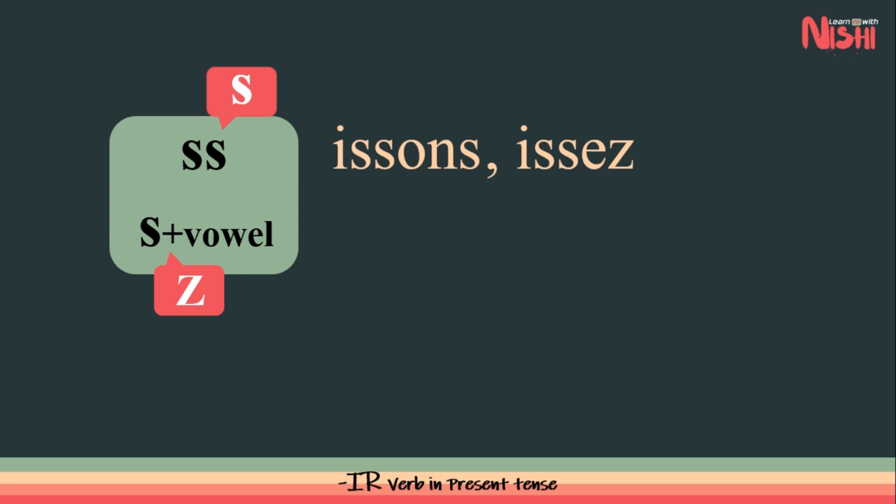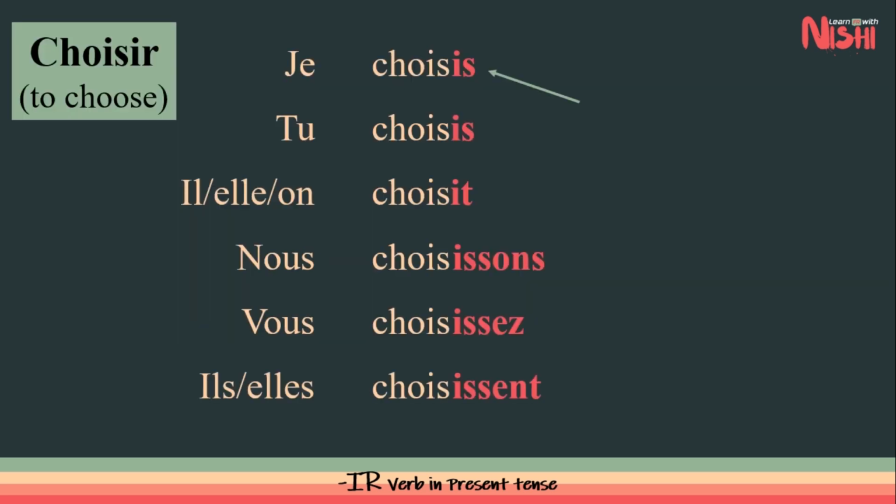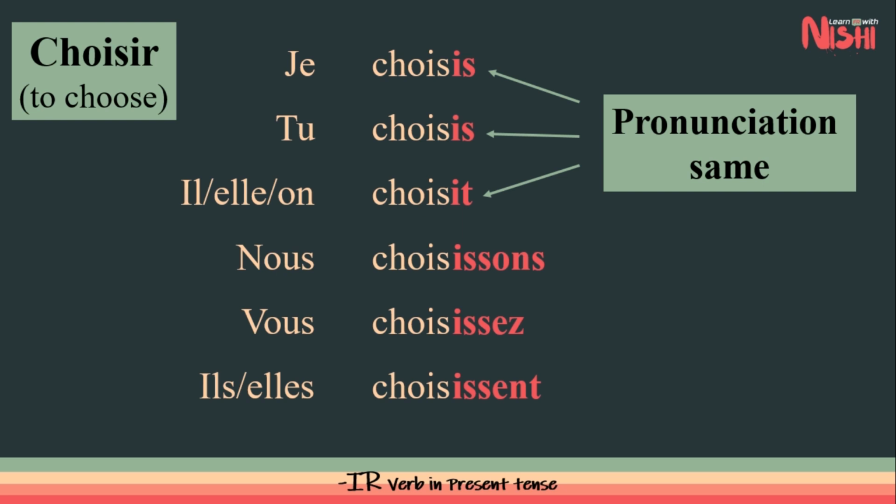For example, SI, S plus vowel, it's Z, like choisi. Now here, this one and this one: their written forms are different, but the pronunciation is exactly the same, choisi. And it's for all regular IR verbs.